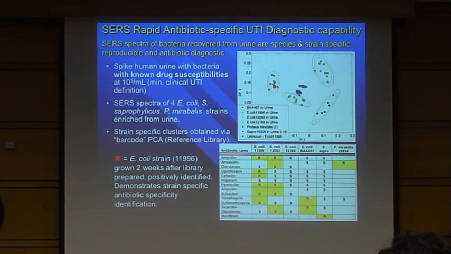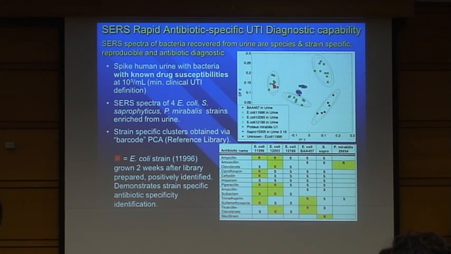So here we spiked urine at the 10 to the 5 level, that minimum clinical level, with 4 strains of E. coli, 1 strain of Staphylococcus and 1 of Proteus mirabilis. And then leave them for a while, pull them out, take these spectra.